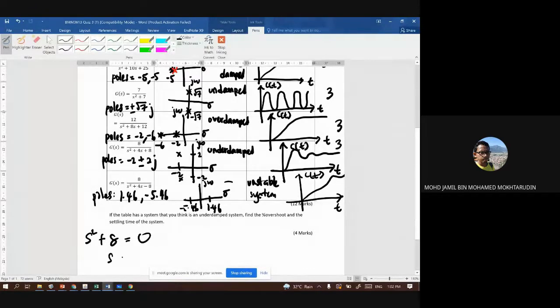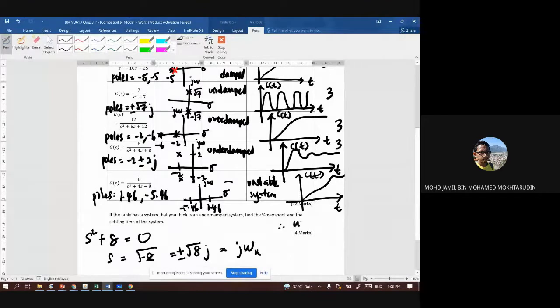So you get s equals square root of minus 8, which is plus minus square root 8 j, equals j omega n.